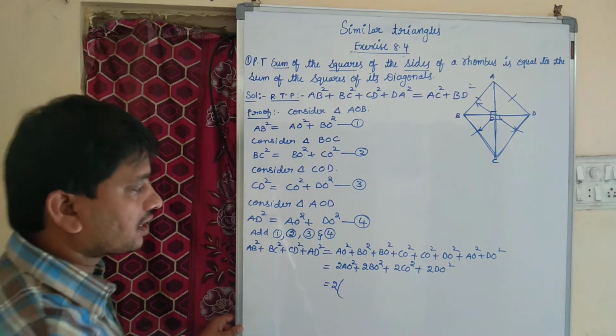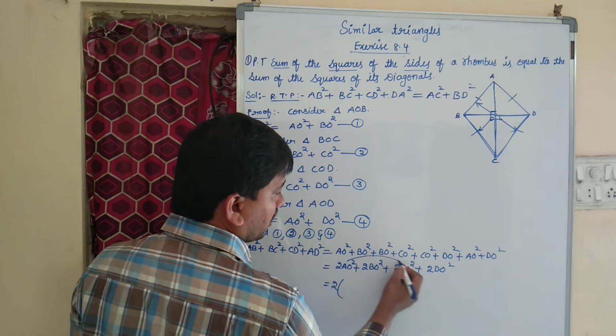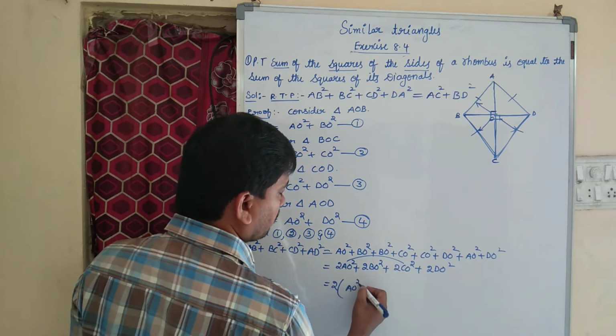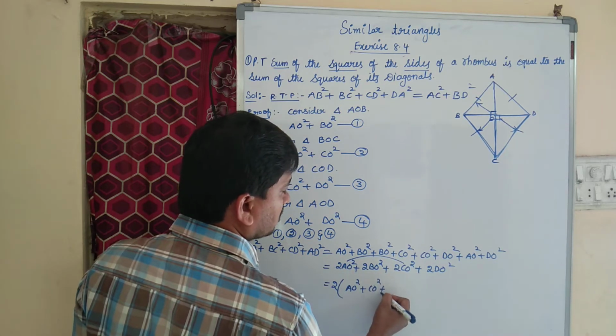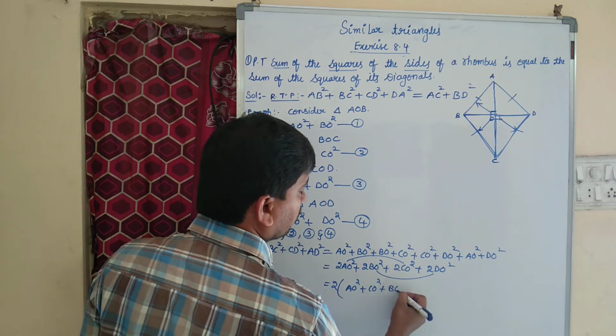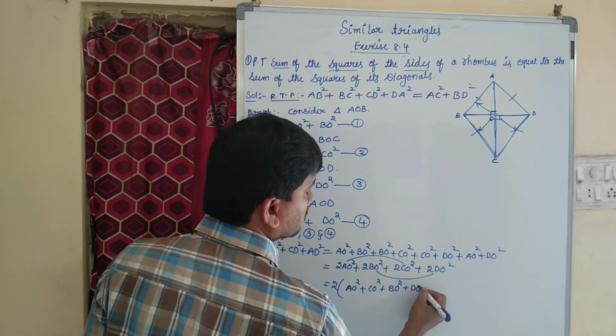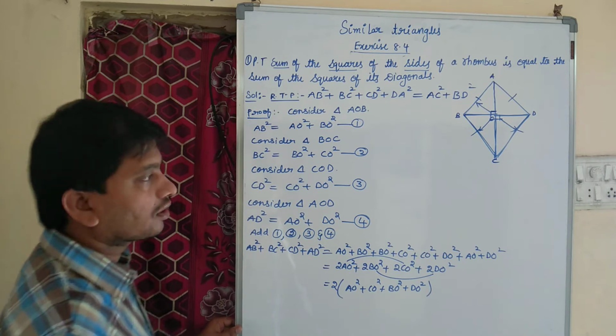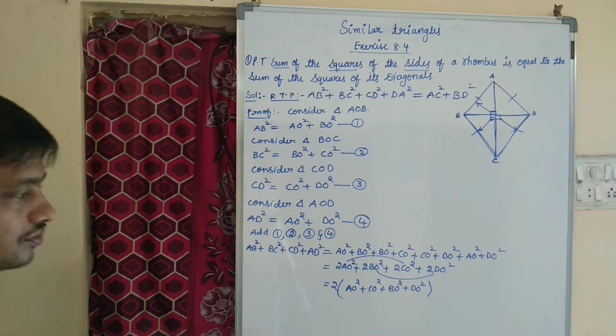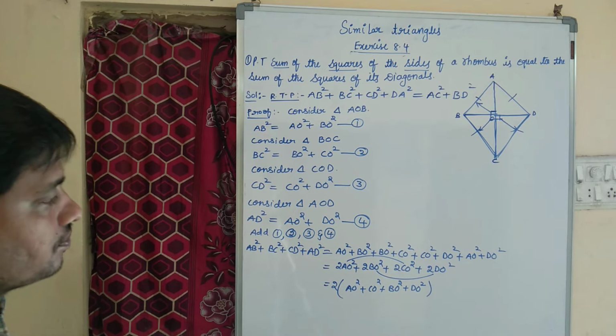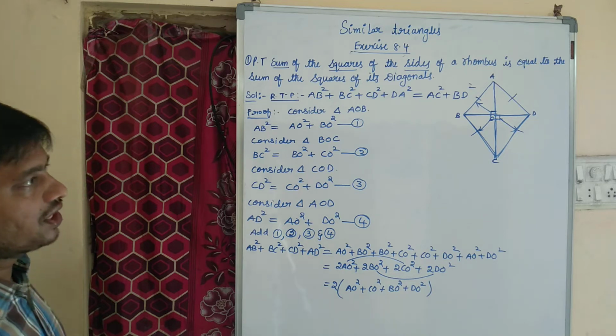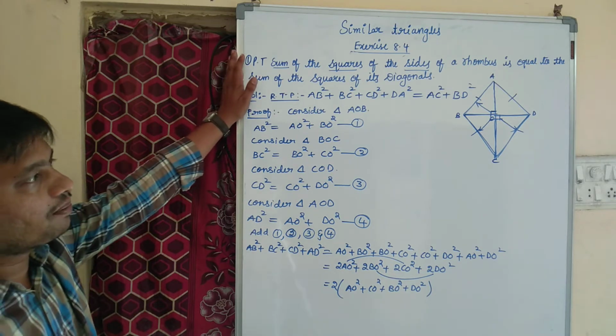If I take 2 as common, let us write AO and CO together: AO square plus CO square. Similarly, BO and DO together: BO square plus DO square. Right? So we need AO square plus CO square.